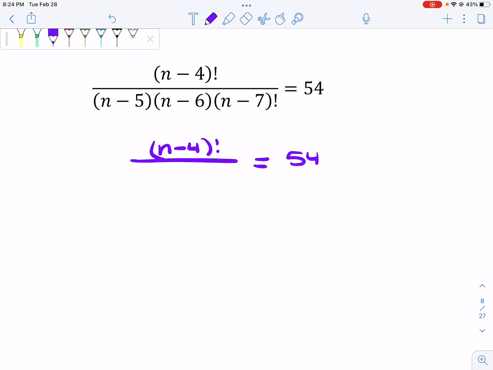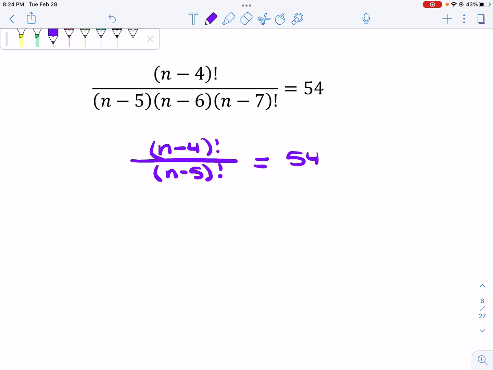But that denominator can just be rewritten as n minus 5 factorial, because it has the expression that's one greater than n minus 7 and the one that's greater than that one as well. So that denominator is just n minus 5 factorial.